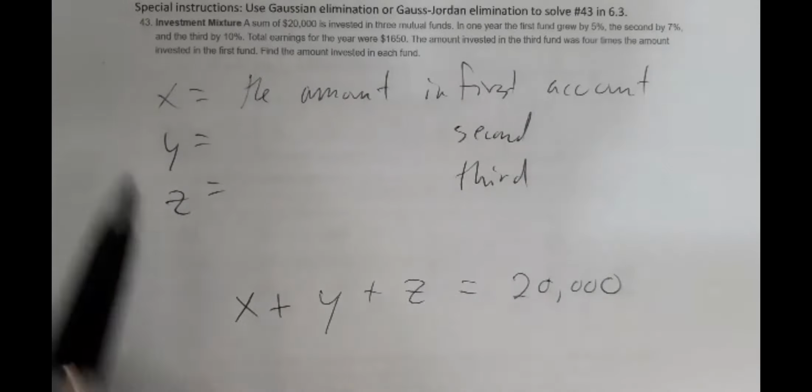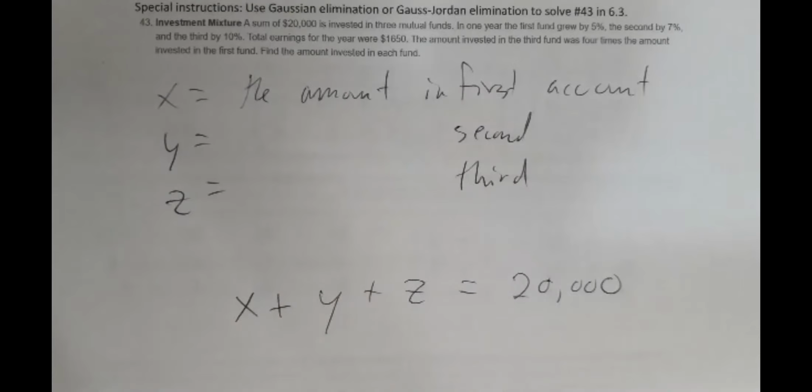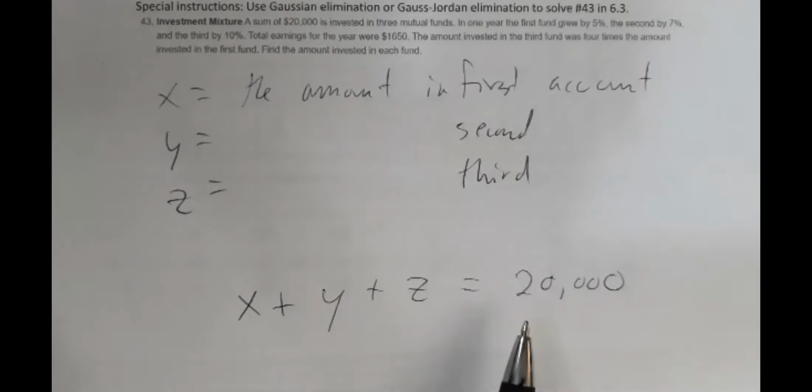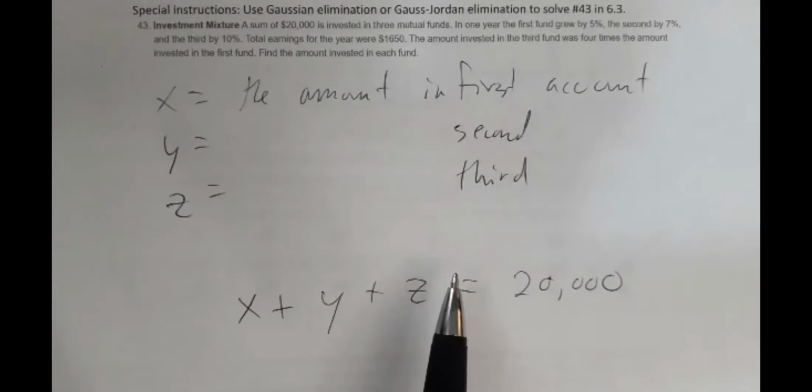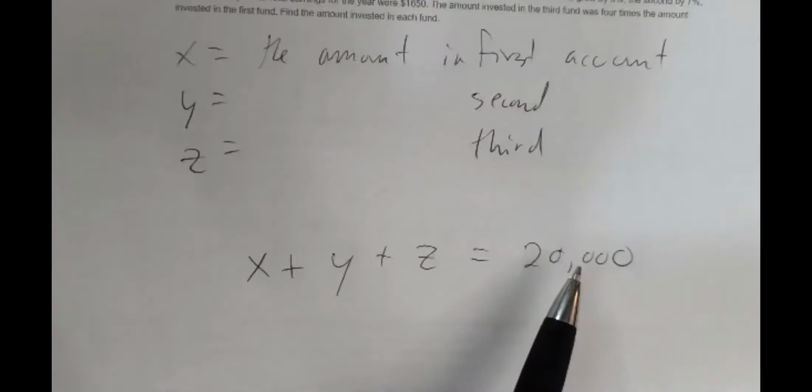So we should get 3 different numbers out of this thing, right? So if we did 20,000 in all 3 of the accounts, then if we add all 3 accounts, we should get the 20,000, right? That's invested in all 3 of them.